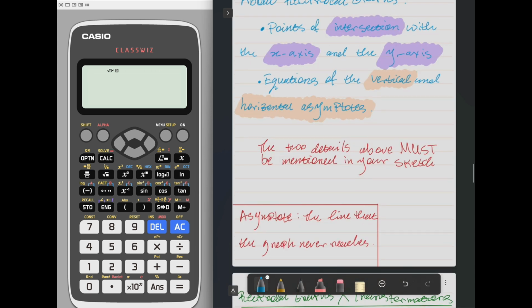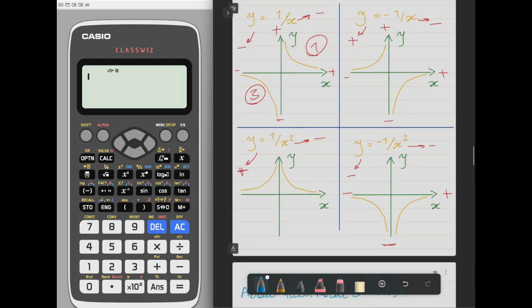Alright, I wrote the definition of an asymptote here. Asymptote: the line that the graph never reaches, or let's say the graph never touches nor intersects. So, what does that really mean? Let's go back to our 4 basic graphs.